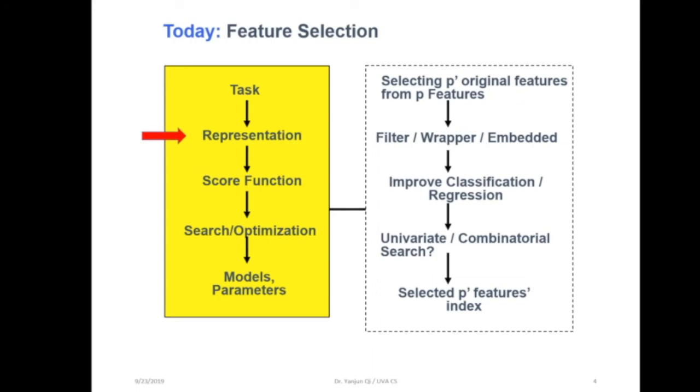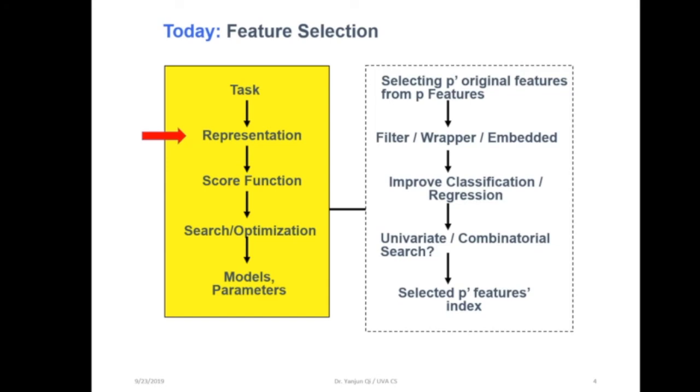And the goal in the end, if you think about it, is we are trying to improve generalization, right? If the task is classification, we're trying to improve the classification on the test data. If it's regression, we try to improve the regression on the test data. And there are some levels of differences.